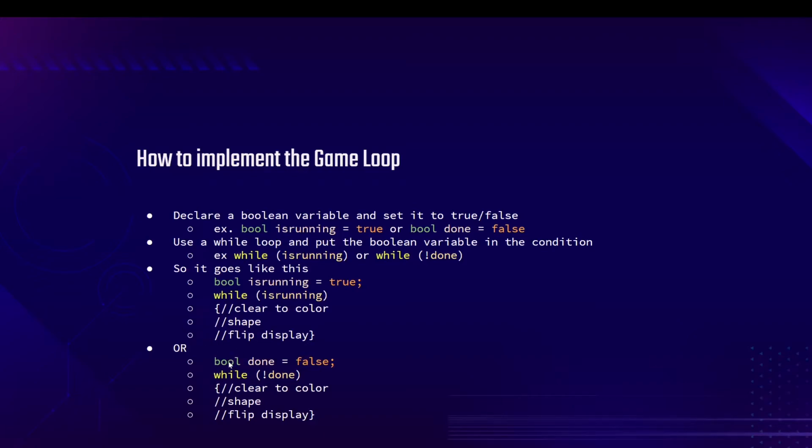Or if you go the other way and declare the Boolean variable to be false, this is how it's going to work. I implement a Boolean variable done, and it equals false. And since done is false, you put in the exclamation point before done to indicate it's false, and then you put in the rendering code.